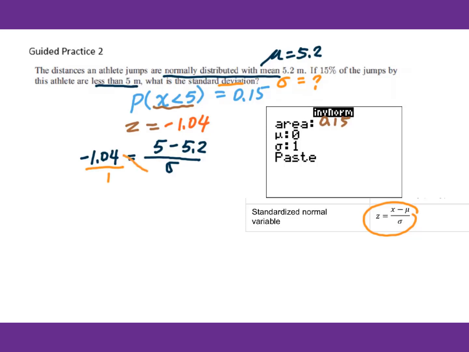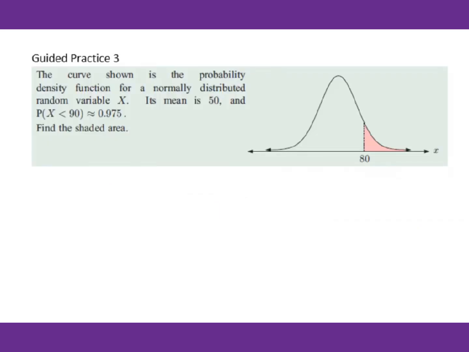Then you cross multiply. You will get sigma equals 5 minus 5.2 over negative 1.04. We put it into the calculator, and you will get 0.192. Let's go to guided practice 3.